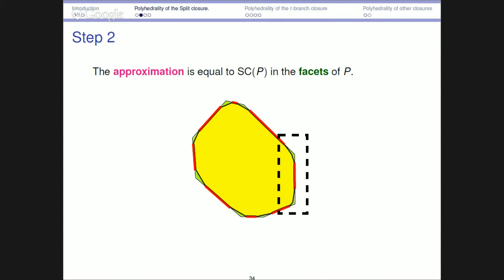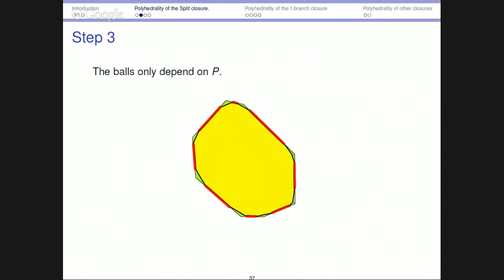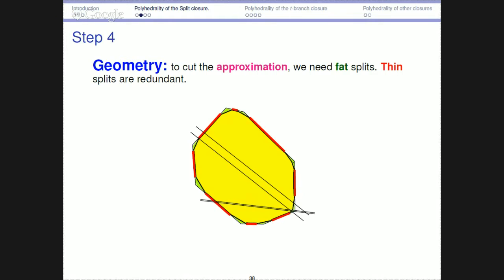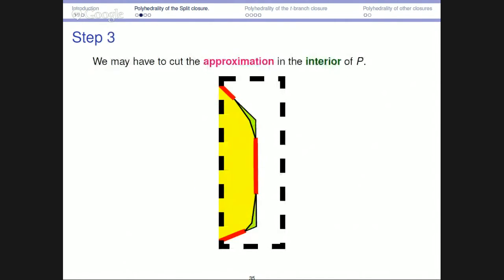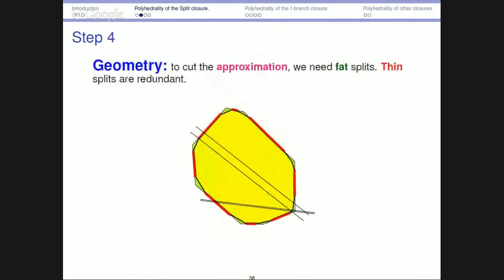On the facets it is equal, so you don't cut anything there, but you may need to cut something in the interior. What you can prove is that there is some space there where you can put a ball of fixed radius that only depends on the polyhedron. To obtain the split closure, you want to cut those balls. So at the end, the splits that you need to add to this intersection are the ones that are fat.